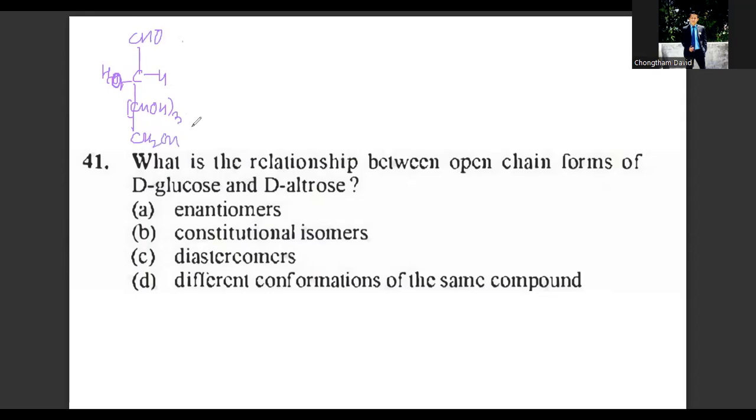Now you have the phenolic group, the alcoholic group. Glucose, you can now elaborate the structure according to Fischer. If OH is present on the right side, we call it the alpha form. Right, so these are the constitutional isomers.